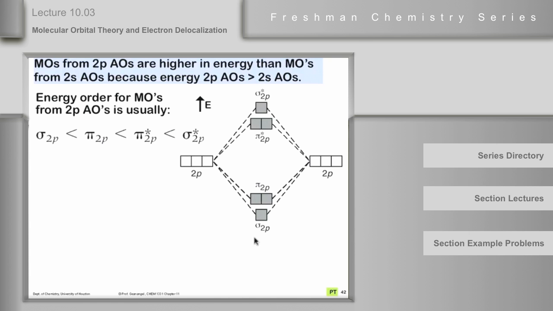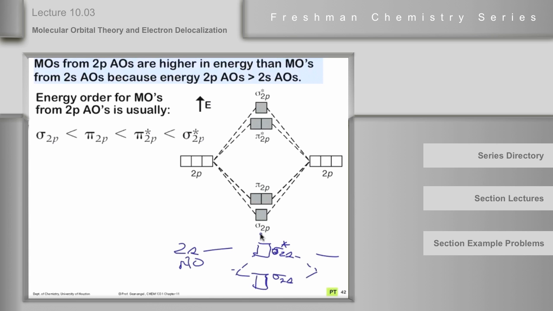So down here somewhere, we would have the 2s. So this is sigma 2s star and sigma 2s bonding molecular orbital. Those are down here because the 2s atomic orbital is over here somewhere.